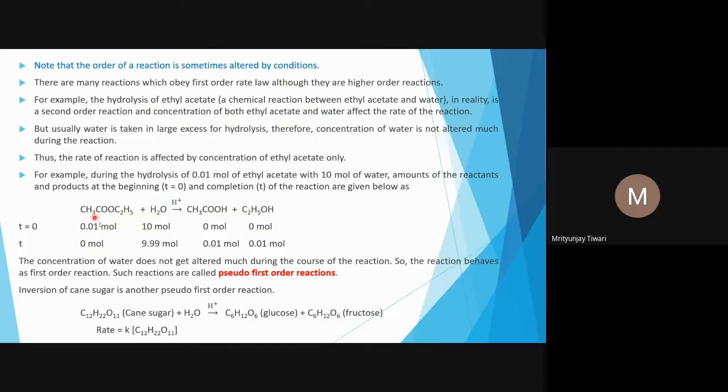According to stoichiometry, 1 mole of ethyl acetate gives 1 mole of acetic acid and 1 mole of ethanol. So if 0.01 mole is consumed, it will give 0.01 mole of acetic acid and 0.01 mole of ethanol. However, 9.99 mole of water will remain. So the concentration of water does not get altered much during the course of the reaction. It is just 10, from 10 it becomes 9.99 mole, which is almost equal to 10.